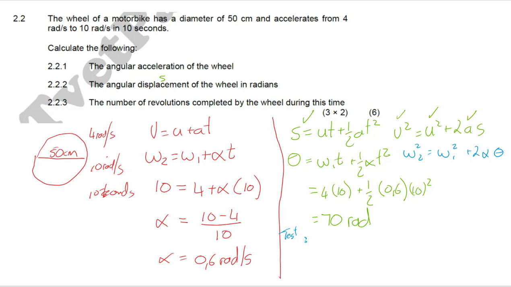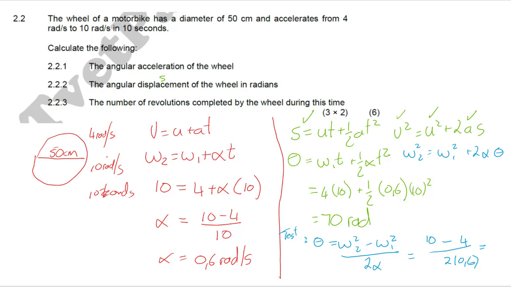So if I make theta the subject of the equation, it would be equal to omega 2 squared minus omega 1 squared, all divided by 2 times the acceleration. So that would give me, the final velocity was given as 10, minus 4, divided by 2 times the acceleration.